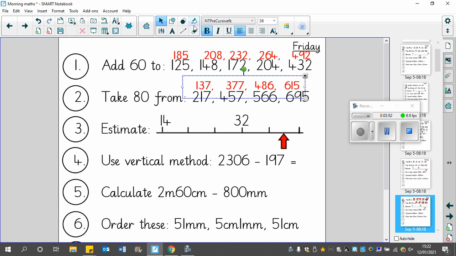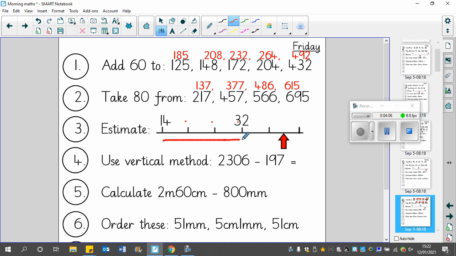Now let's go to a pen, and okay, 14, something, and then 32. So let's have a think about this. From 14 to 32, it is 14, 24, 34, so that's too far, so it's about 18, isn't it? I think 14 add 18 is 32, yes.